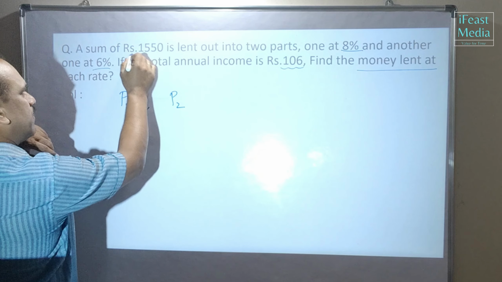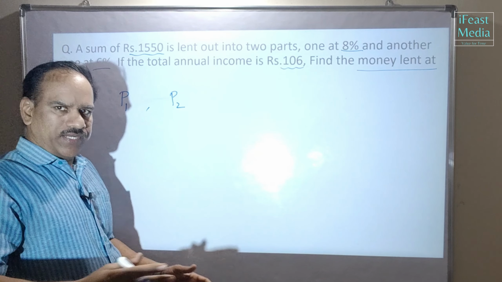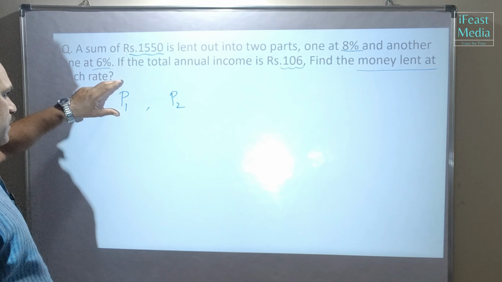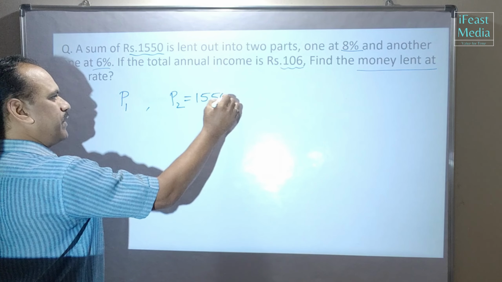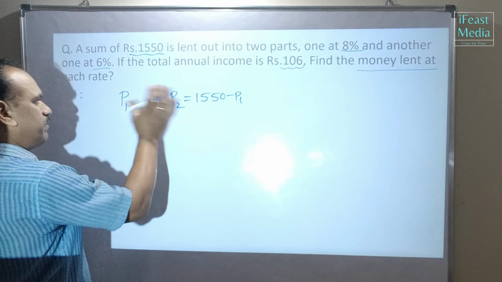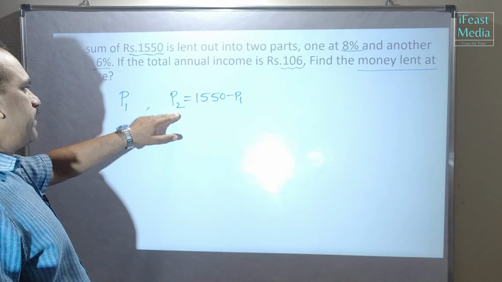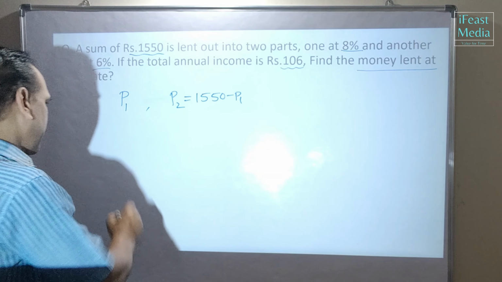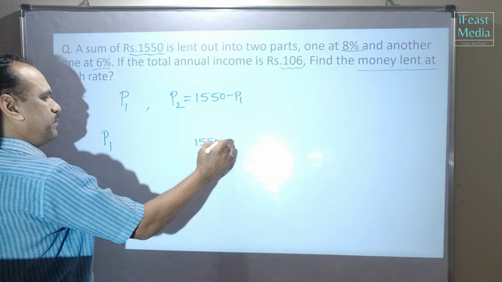So this 1550 is lent out in two parts. Let them be P1 and P2. Then P1 plus P2 is 1550, so P2 is 1550 minus P1. So the first part is P1, the second part is 1550 minus P1.